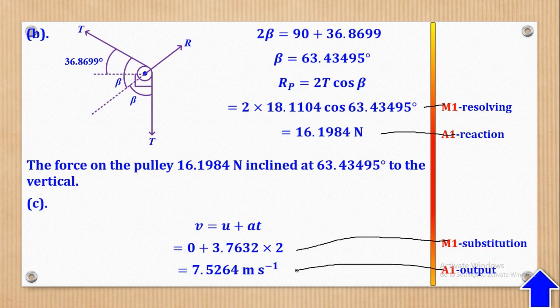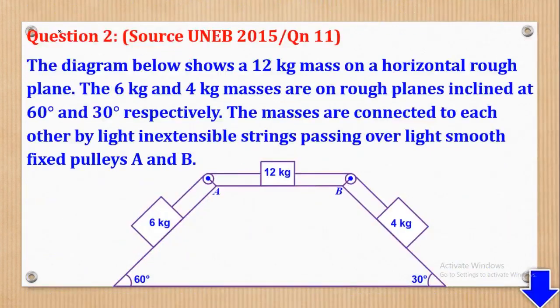A1 for that. So now we shall go to question 2, which came from UNEB 2015 paper 2 question 11, and says the diagram below shows a 12 kilogram mass on a horizontal rough plane. The 6 kilogram mass and 4 kilogram mass are on rough planes inclined at 60 degrees and 30 degrees to the horizontal.